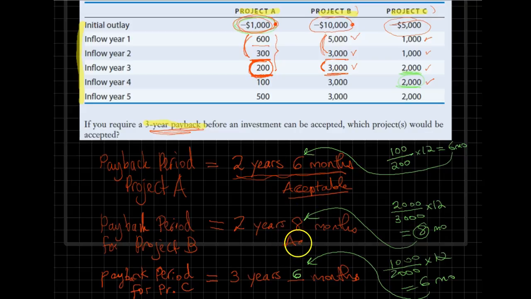The same way with project B, acceptable. However, project C has a problem. We need to recover our investment within 3 years, but in the case of project C, that's more than 3 years. So as such, we reject project C. So bottom line, projects A and B are acceptable, but project C is to be rejected.